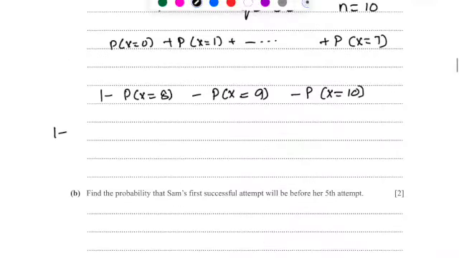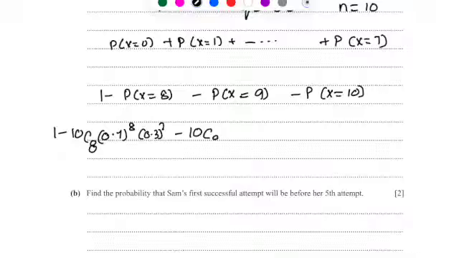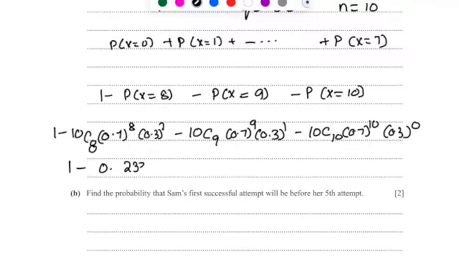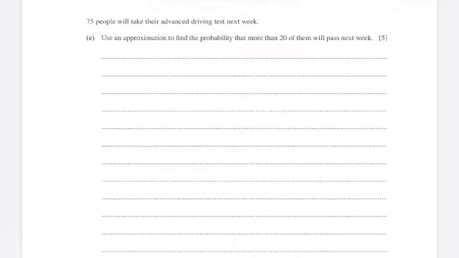So it's going to be 1 minus 10C8, 0.7 to the power of 8, 0.3 squared, plus 10C9, 0.7 to the power of 9, 0.3 to the power of 1, plus 10C10, 0.7 to the power of 10, 0.3 to the power of 0. So it becomes 1 minus 0.2335 minus 0.1211 minus 0.0282, which gives me 0.167.